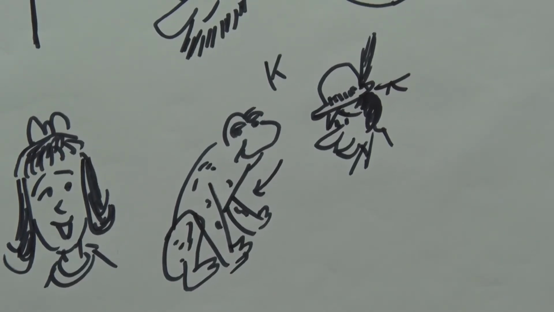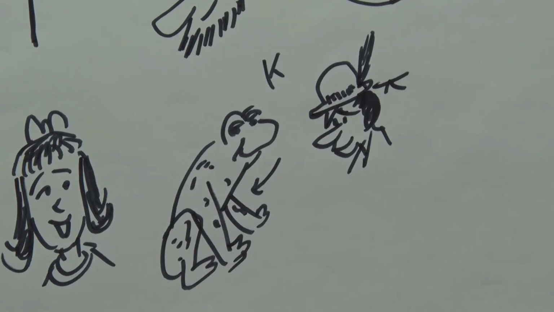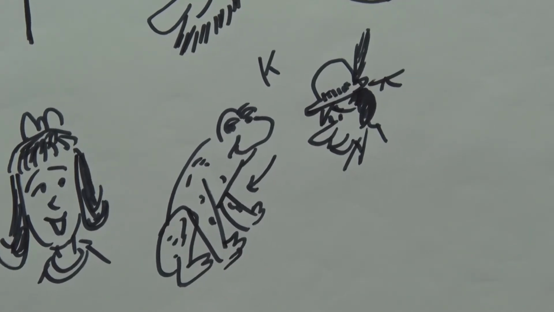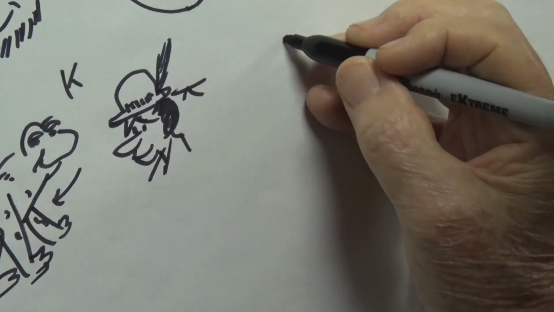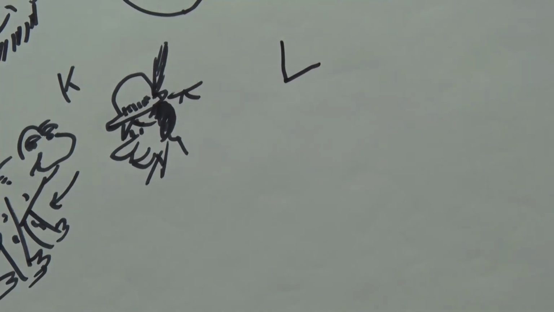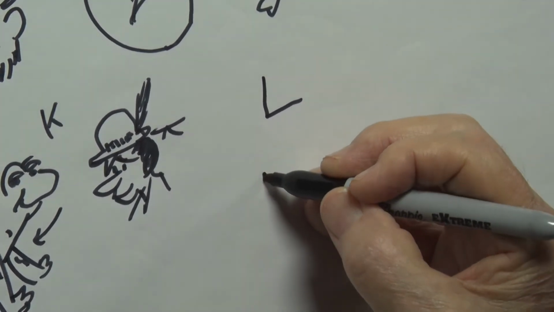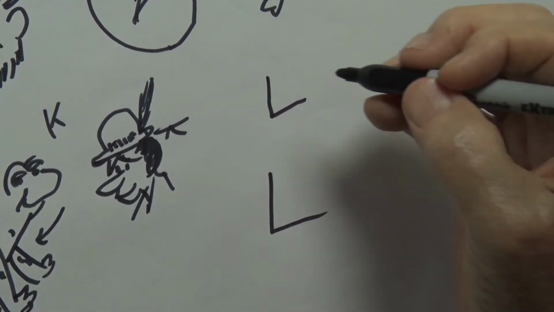Now, what I said a while ago about the straight lines being more difficult, L is an exception to that. And for example, let's have a guy in a restaurant or coffee shop. Let's put two L's there like that.